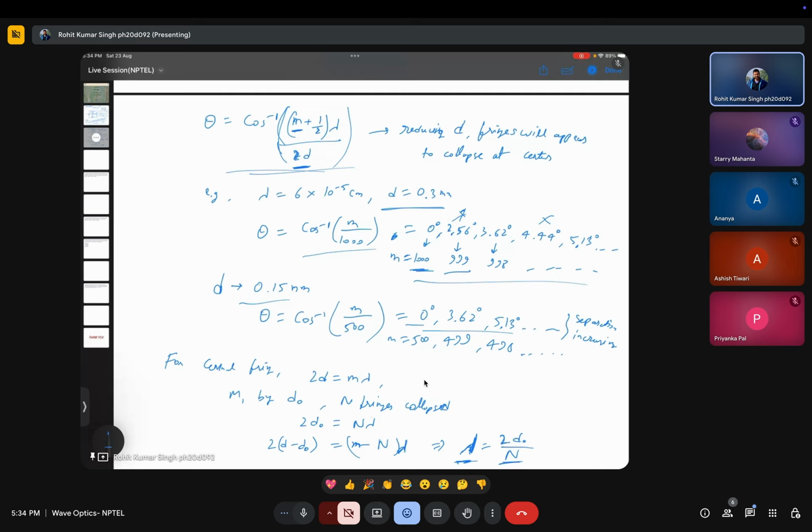Is this okay? So we'll see some examples on this formula.